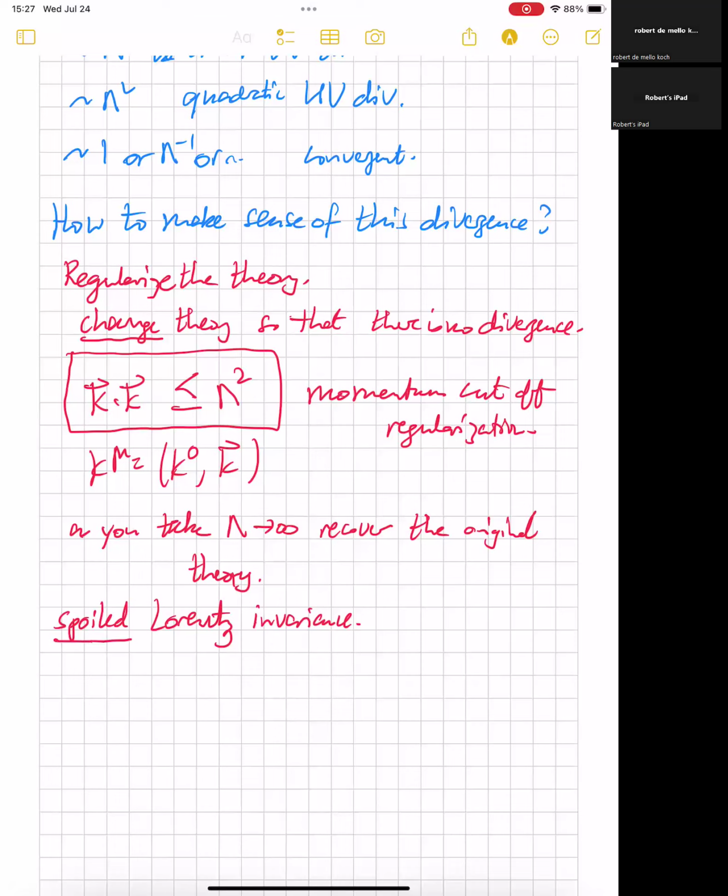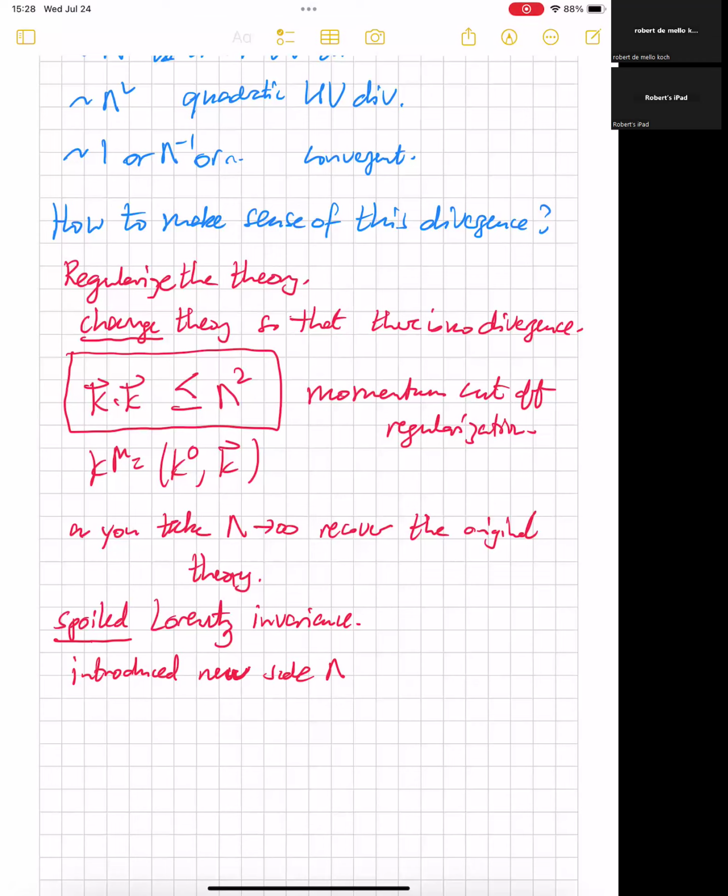Okay, that's not good. Also, we have introduced a new scale, lambda. Lambda has the dimensions of inverse length, if we've set h bar equal to c equal to 1, so that's a new scale that we've introduced into the theory. And it's not a good idea to just introduce all sorts of new scales.